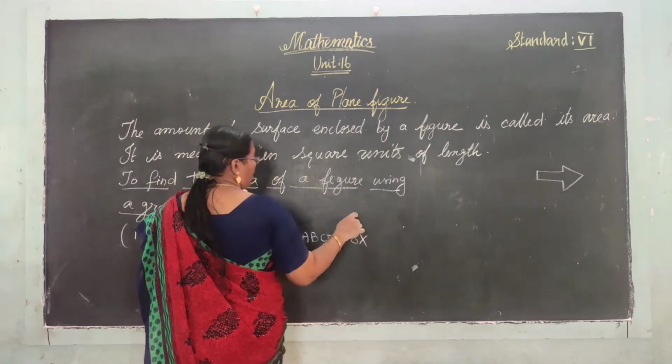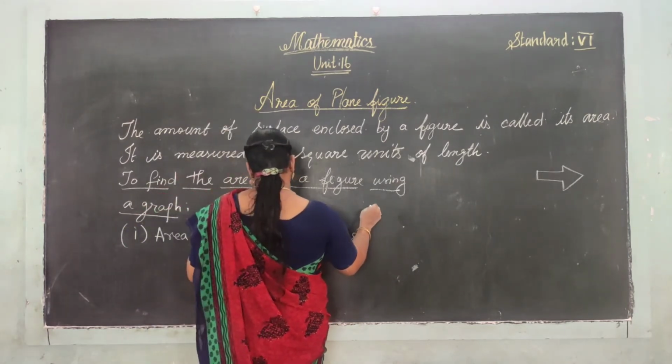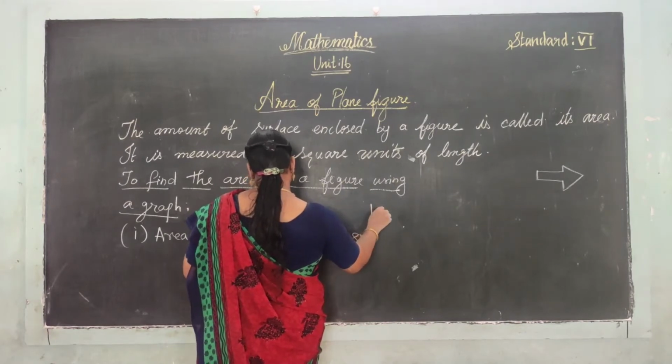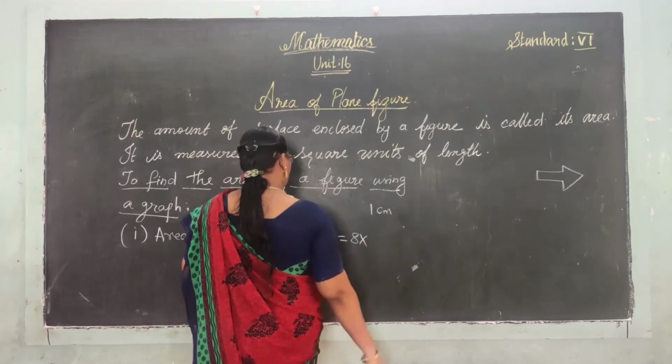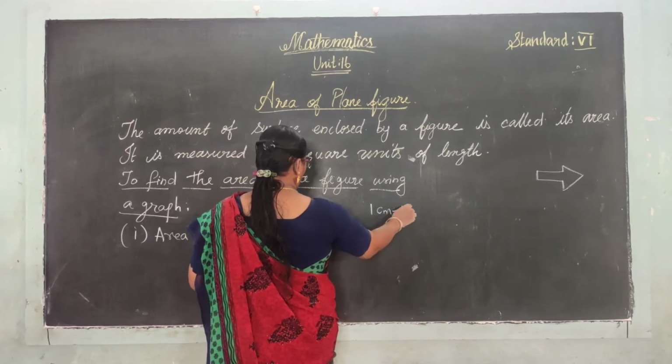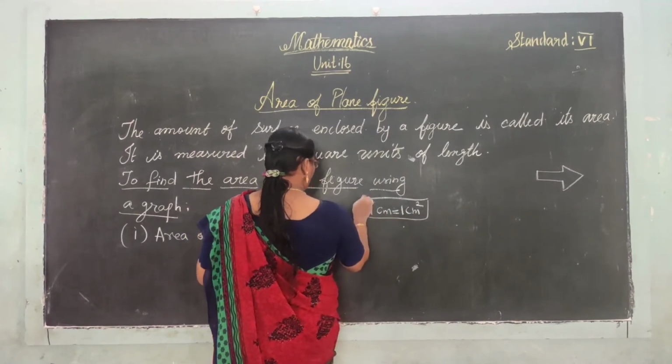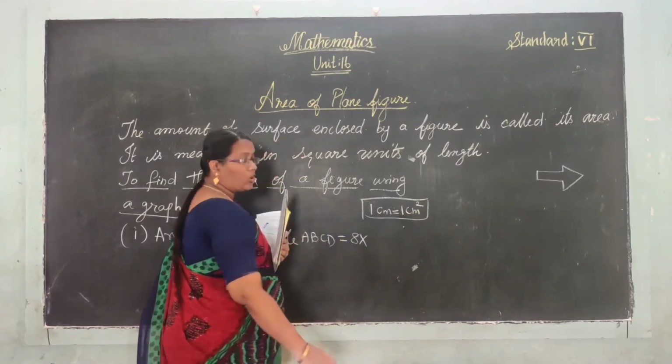Now only tell. What is that? 1 centimeter is equal to 1 centimeter square. Why do you write centimeter square?